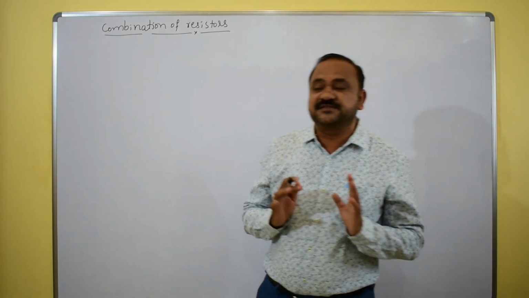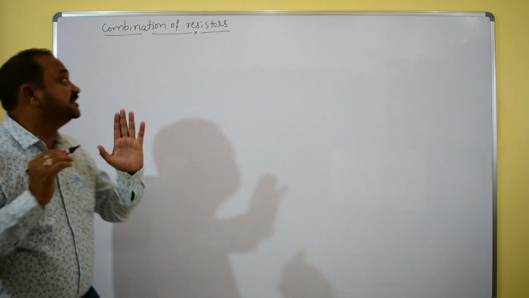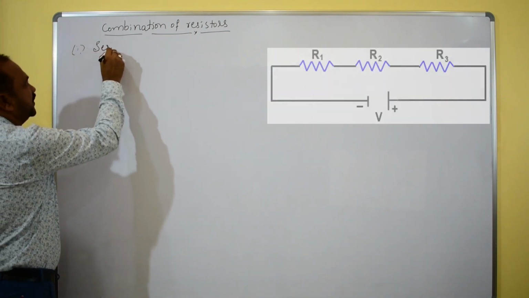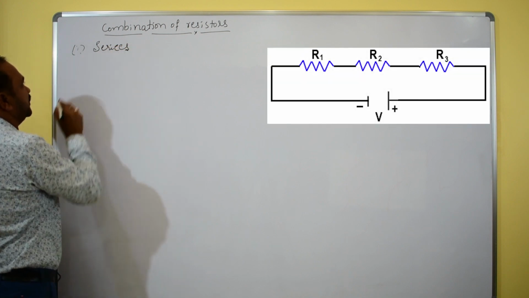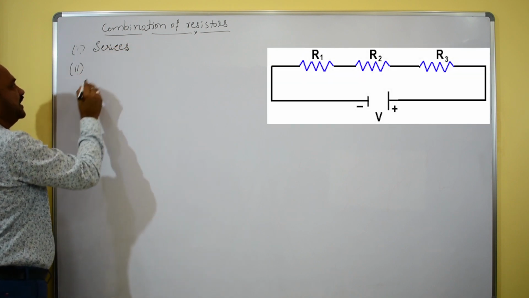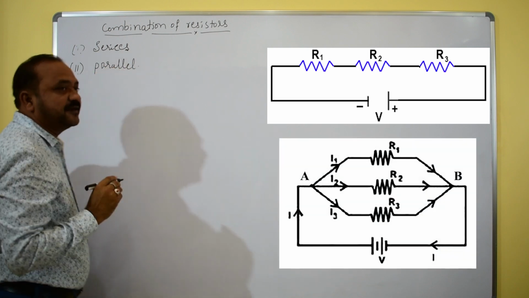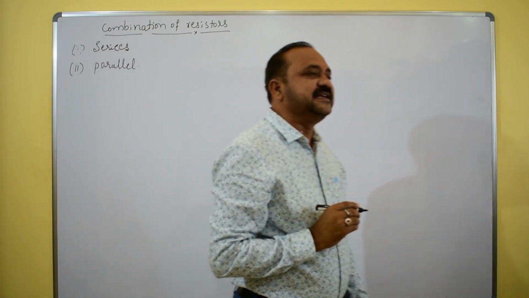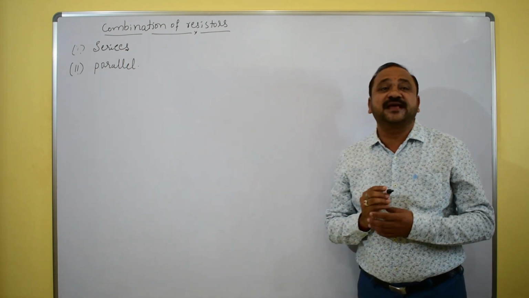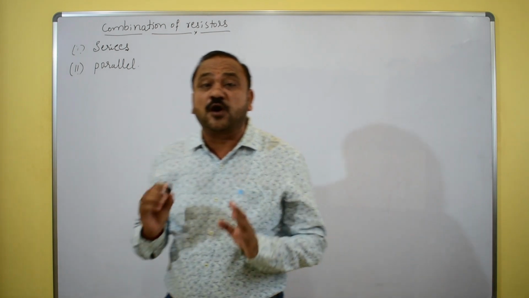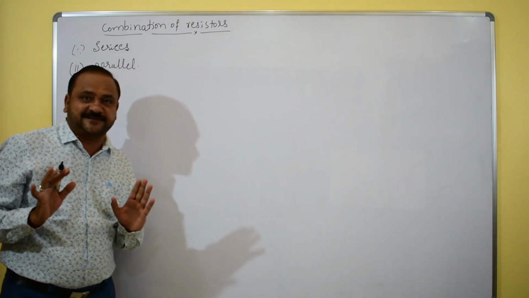What are the combinations here? Combinations of resistors: the first is the series combination, and the second is the parallel combination. Mainly there are two types of combination of resistors.